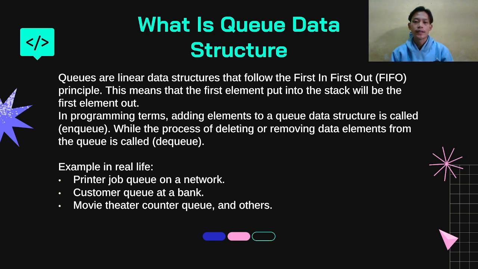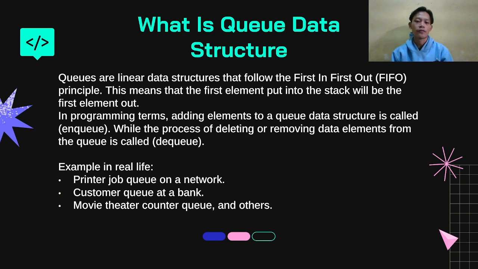This means that the first element put into the queue will be the first element out. In programming terms, adding an element to a queue data structure is called enqueue, while the process of deleting or removing a data element from the queue is called dequeue.